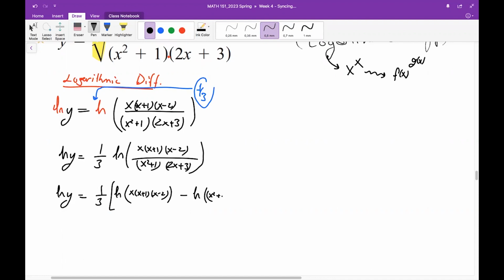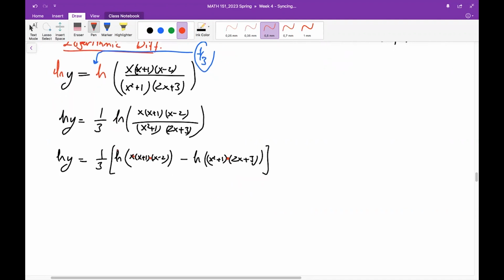Like that. Okay. x squared plus 1, 2x plus 3. And then you can also distribute ln to products. I have 2 products here, 1 product here.